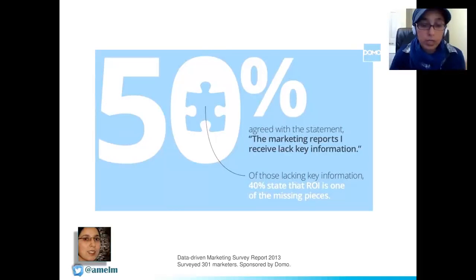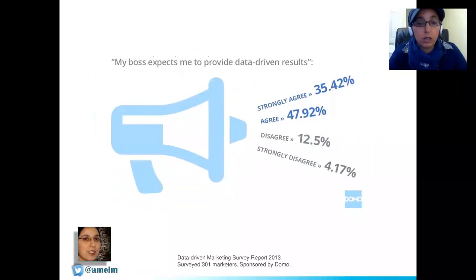So they can't really understand how their own marketing strategy, whether it's SEO or analytics or whatever, actually transforms into ROI. It's difficult to understand, and imagine, 40% of them don't see that ROI in their marketing strategy.